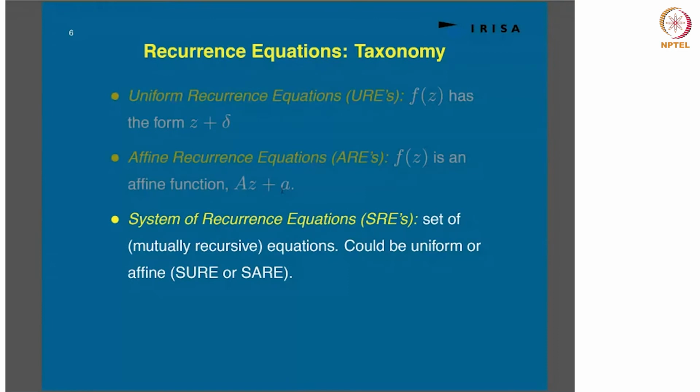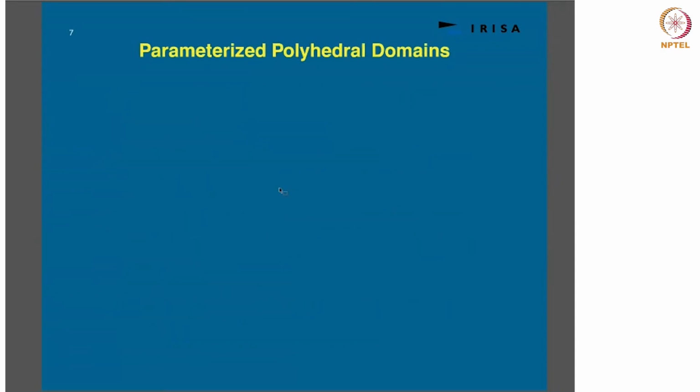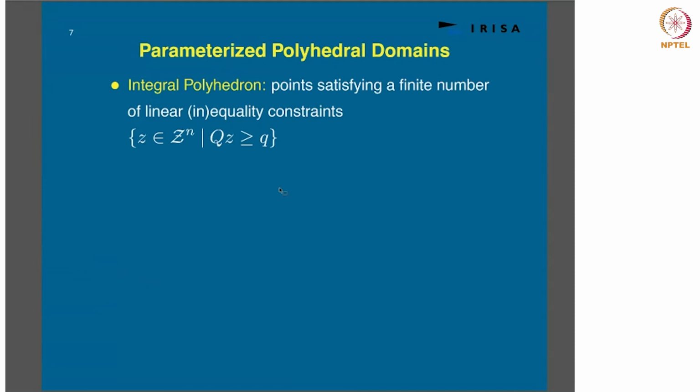A system of equations is when you have multiple mutually dependent equations, okay? They could be uniform or affine. And in polyhedral equations, you can also have reductions, which I will talk about a little bit later, okay?